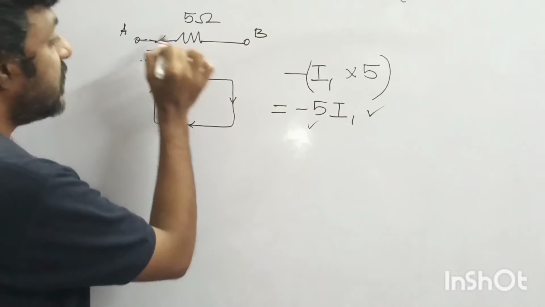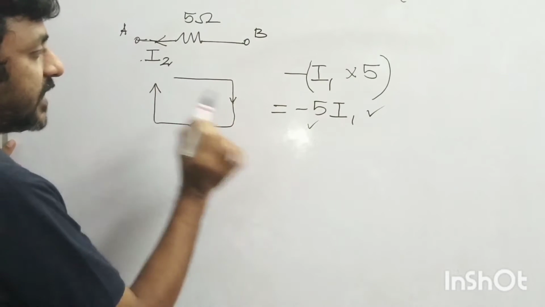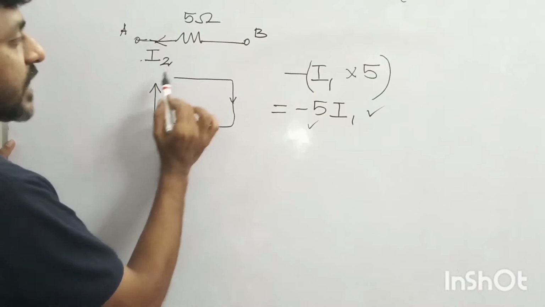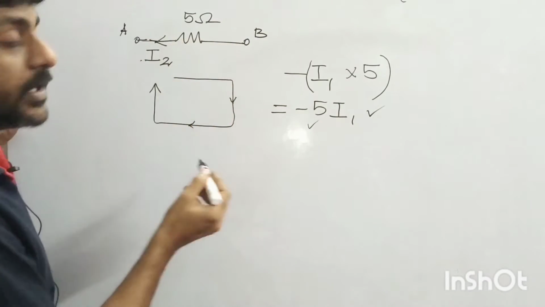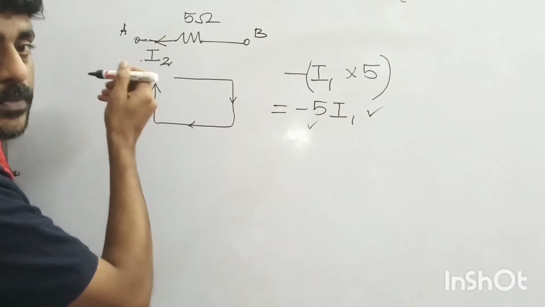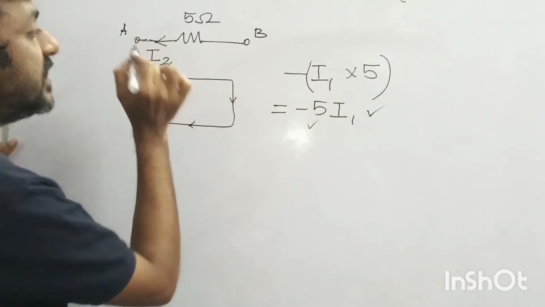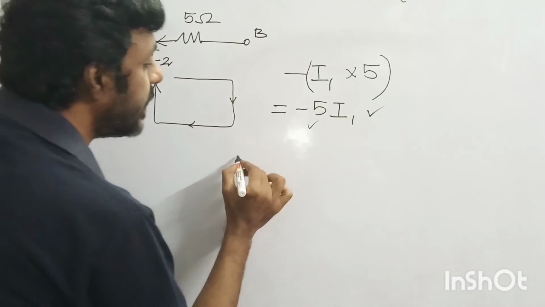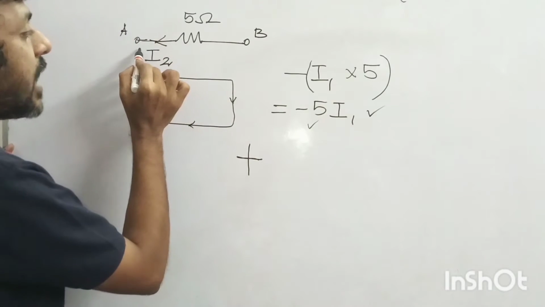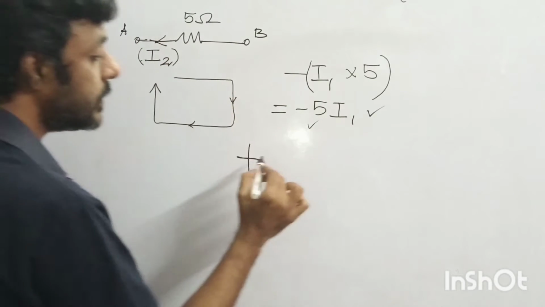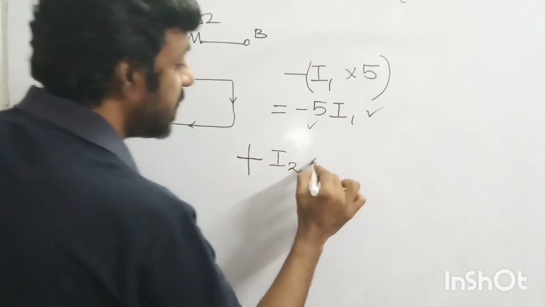So if this is the case, what will happen? My direction of travel is in the clockwise direction. While traveling in the clockwise direction, I encounter a current which is flowing in the opposite direction to the direction of my travel. If this is the case, then I will automatically introduce a positive sign, and again I will multiply the value of the current, that is I2, along with the value of this resistor, that is 5.